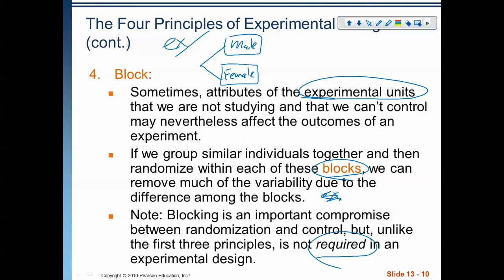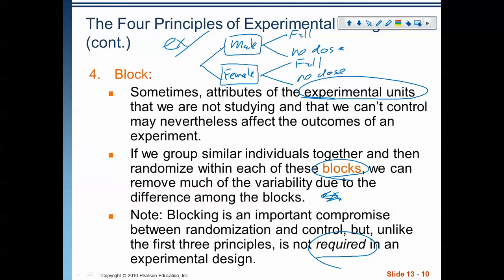So if we go back to this obesity pill that I made up, we might consider blocking by gender first, and then splitting up our 2 treatments, full dose and no dose, and doing 2 separate trials. The reason we do this is because our anatomies are different.